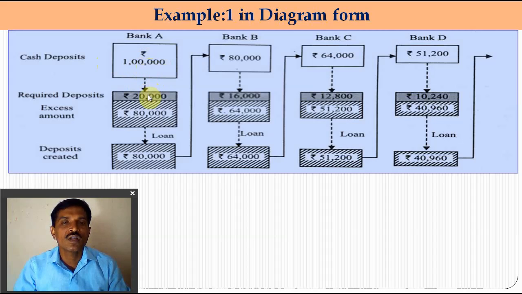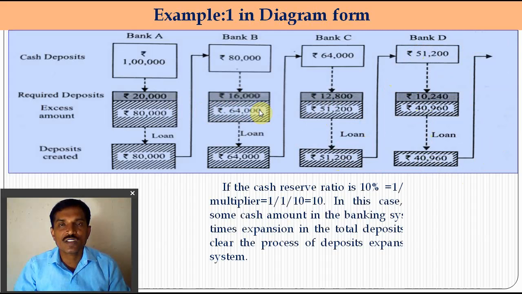Initially 1 lakh rupees, then 20,000 is kept as cash reserve, and 80,000 rupees is given to person X. Person X deposits this 80,000 rupees in bank B. Out of the 80,000, 16,000 is held by the bank as cash reserve, and 64,000 is given to person Y. Person Y deposits this 64,000 in bank C. Bank C holds 20%, that is 12,800, and the remaining 51,200 is given as a loan to person Z. Person Z deposits it in bank D. This way the multiple credit creation process continues until 1 rupee remains.